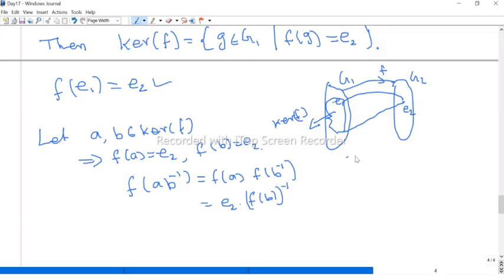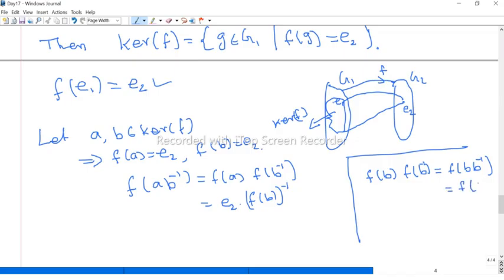I will now prove why f of b inverse is the same as f of b whole inverse. Multiply f of b into f of b inverse. Since f is a homomorphism, this is equal to f of b into b inverse, which is the identity element of the domain, E1.